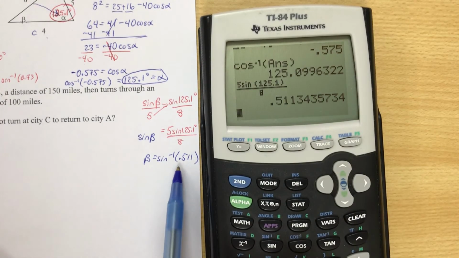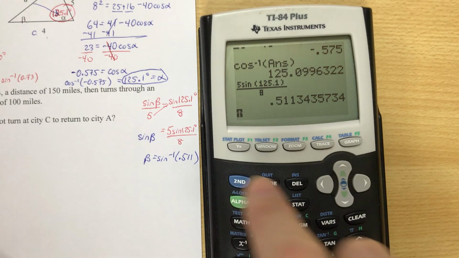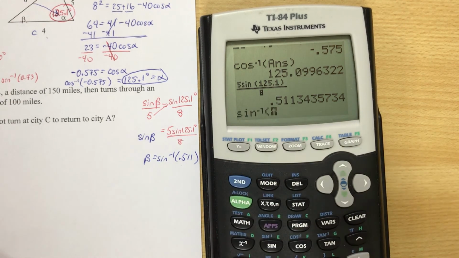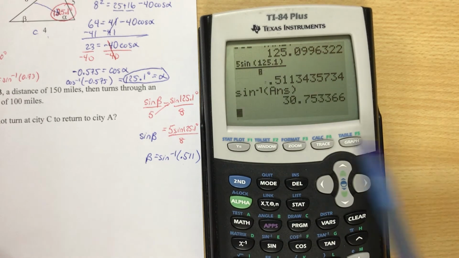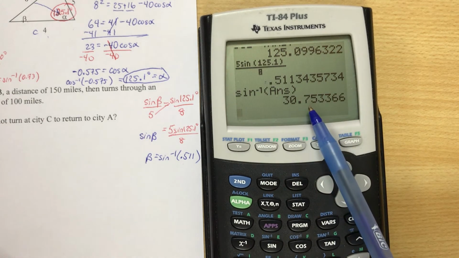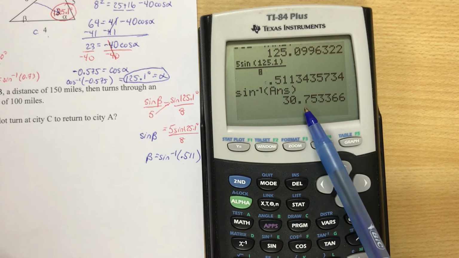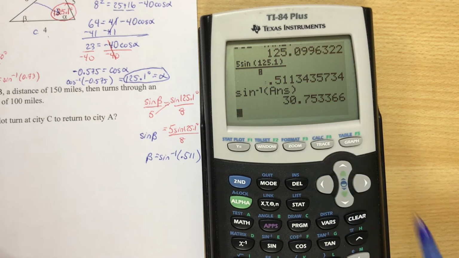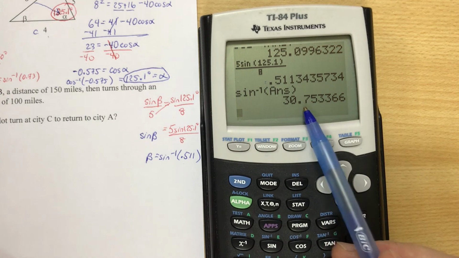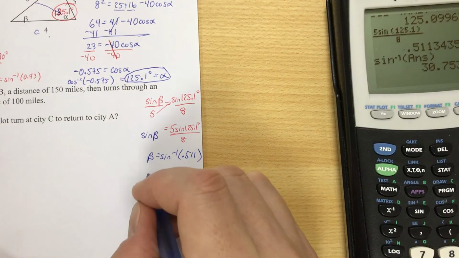Now again, when I write it down, I've rounded it, but when I do the calculation, the inverse sine, I'm going to use the whole answer. And we get 30.8 degrees. And I know sometimes I go to the hundredths place, sometimes I go to the tenths. The tenths is okay. So beta is 30.8 degrees.